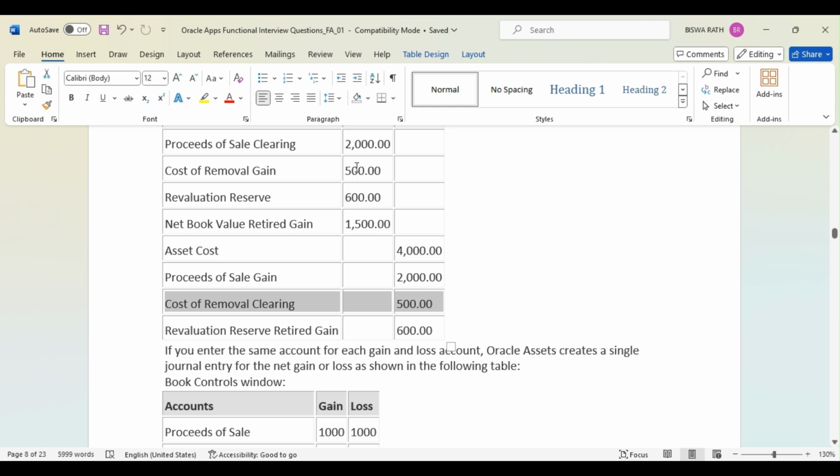Cost of removal gain has become debited because that's your expense, which you have provided, because this is a clearing account, more of an intermediate account. That is why it has been nullified on both sides. Cost of removal gain is a debit. Why? Because it's a loss to me, it's an expense to me, and therefore it's a debit. So the accounting impact is the correct one. Now I sell this asset for 2000, proceed of sale gain is 2000.